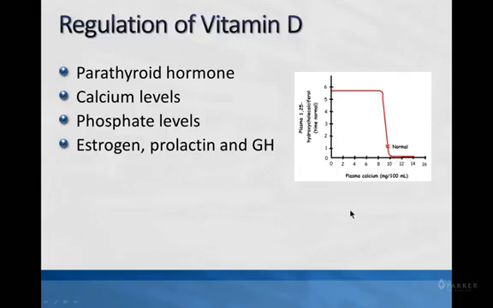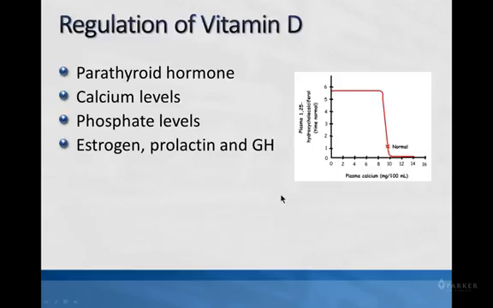I already told you that one of the jobs of calcitriol is to increase the absorption of calcium across the GI tract. If your blood calcium levels are low, it makes sense that I would need more calcitriol. If your calcium levels are high, I don't need to keep absorbing it across the GI tract. Parathyroid hormone helps to regulate it.